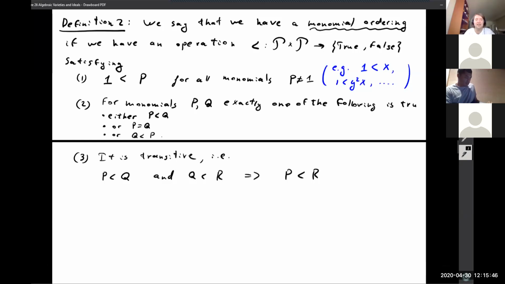Or less is probably a little bit confusing. Let's say subleading to monomial r. And finally, 4, that it is consistent with multiplication.